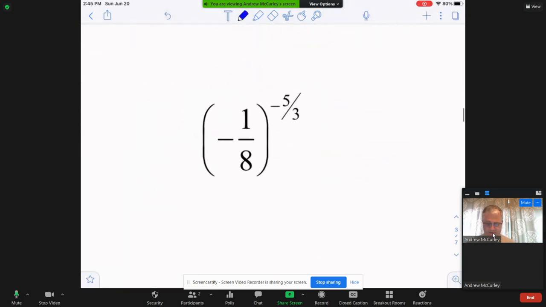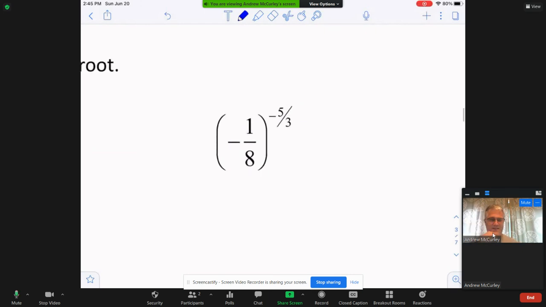Now, how about this one? I've got a negative number on the inside, a negative base. What I'm going to do with this one is flip it. You can do this a couple ways, but the negative 1/8 can become negative 8 to the 5/3.